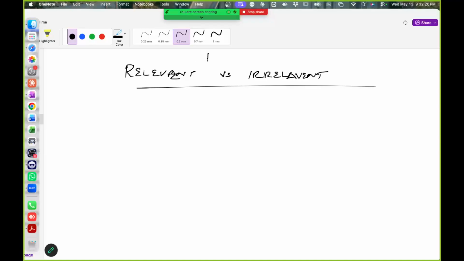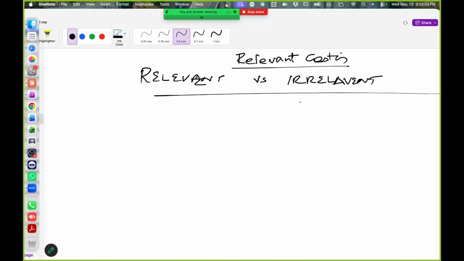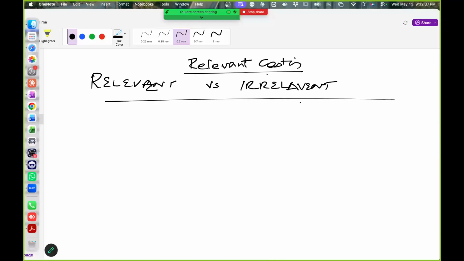Okay, so basically, relevant cost. The chapter is relevant costing.